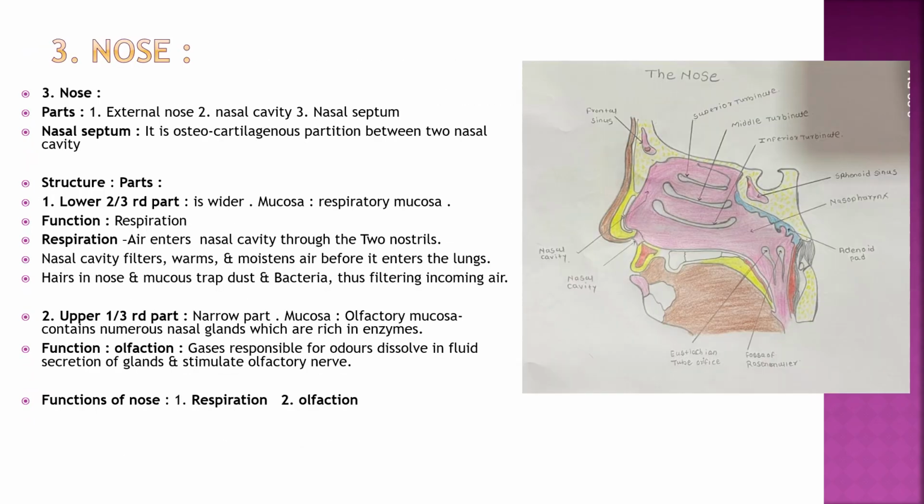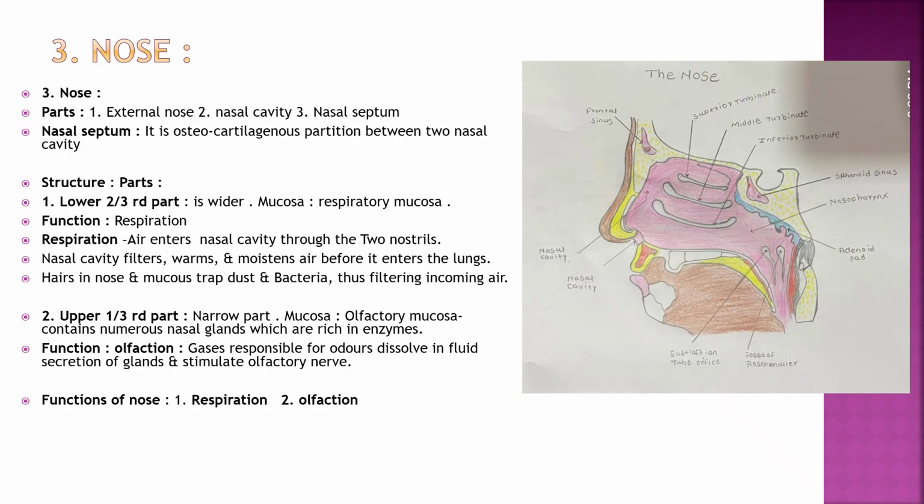The third sensory organ is the nose. It has three parts mainly: the external nose, the nasal septum and the internal nasal cavity. The nasal septum divides the nose into two parts, that is two nostrils. The lower 2/3 part is respiratory in function, because it contains respiratory ciliated mucosa.